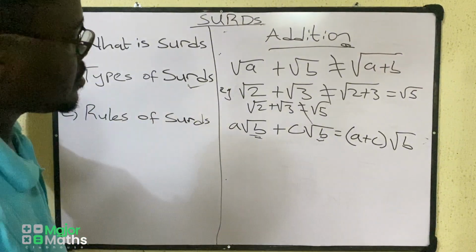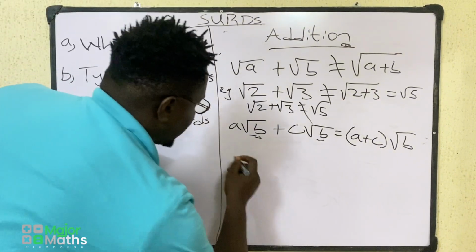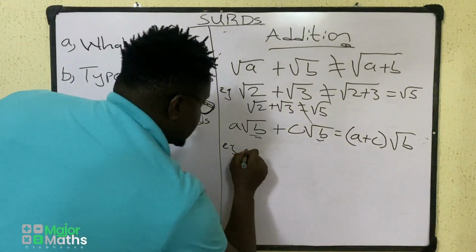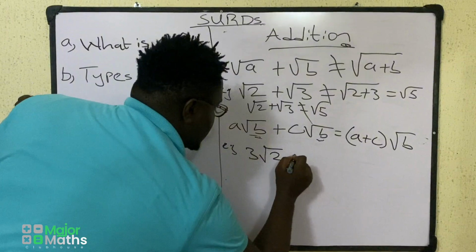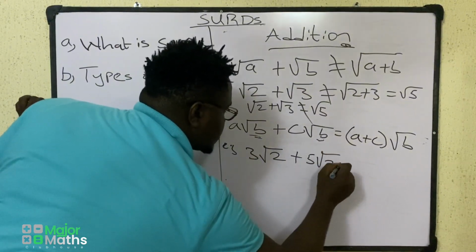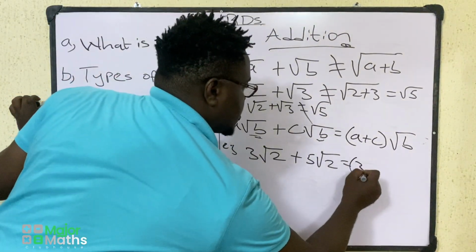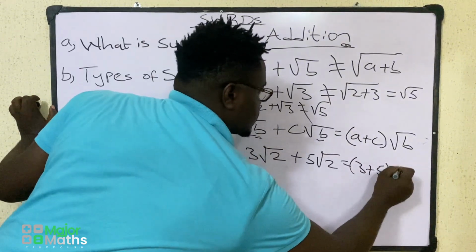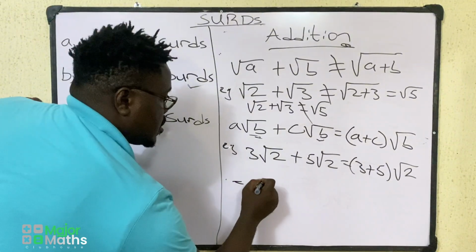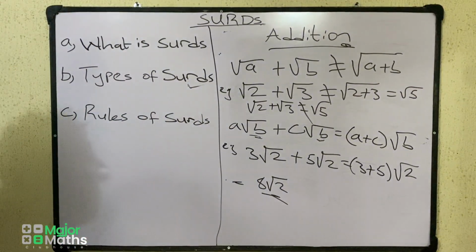An example could be 3 root 2 plus 5 root 2, which should give you 3 plus 5 root 2, which is equal to 8 root 2.